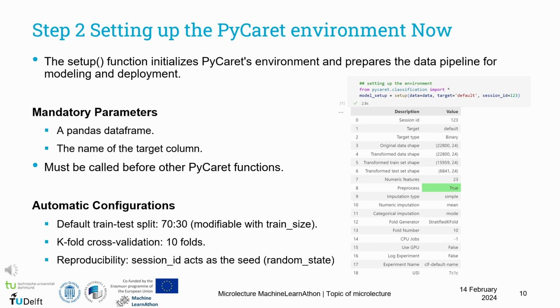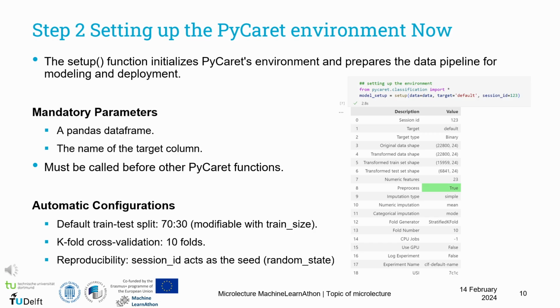Calling setup is mandatory before using any other PyCaret function. This step prepares the data pipeline for modeling and automatically configures key settings. It identifies tasks such as data splitting, preprocessing, and encoding, making it easier to proceed with the model comparison and training.